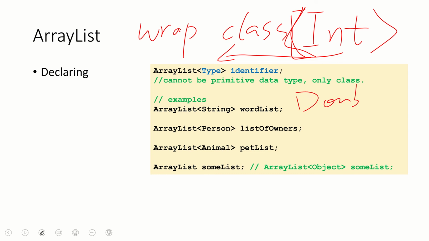All the primitive data types have a wrapper class, right? Double uses a capital D, or Float uses a capital F, whatever you call them. The 8 different primitive data types all have wrapper classes.